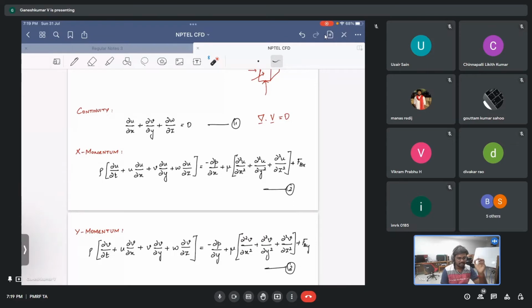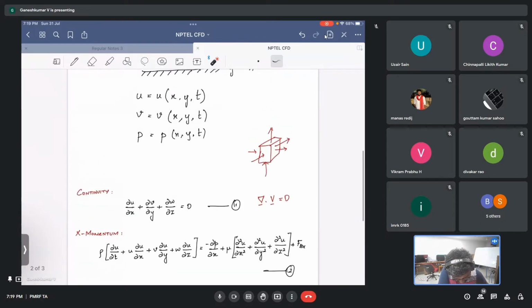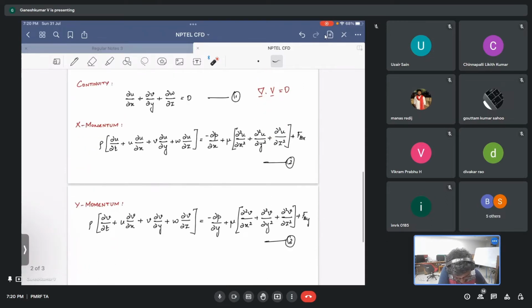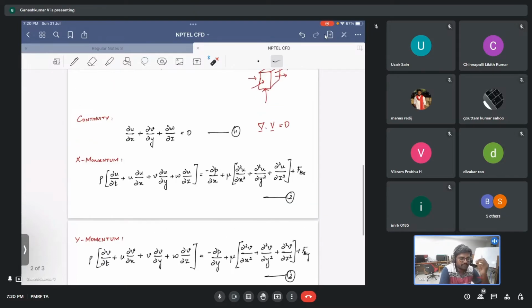But it doesn't end there. A lot of difficulties come. For example, we have three unknowns, velocity components and pressure, and we have three equations. But the pressure term is present in only two equations. It is not present in the continuity equation, which is one of the difficulties. And we don't have ordinary differential equations.